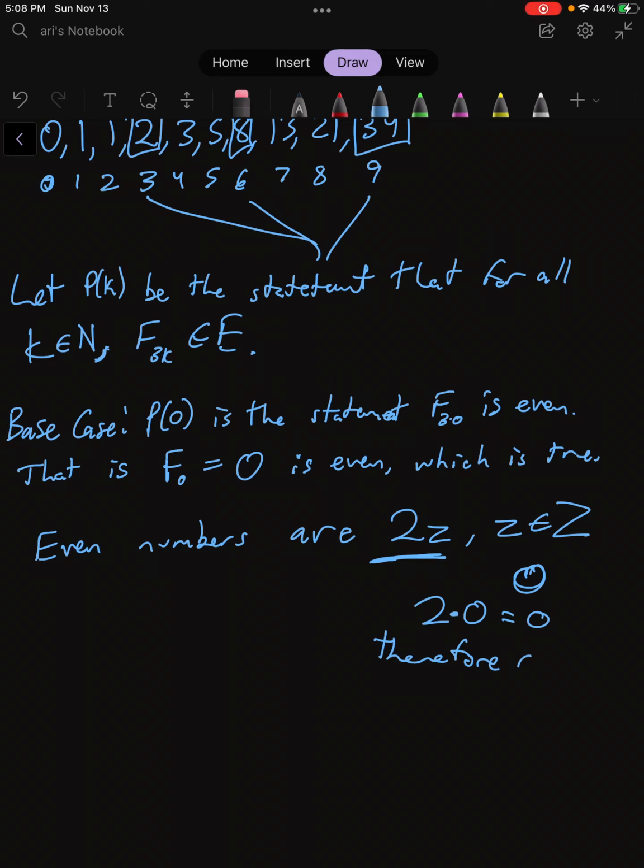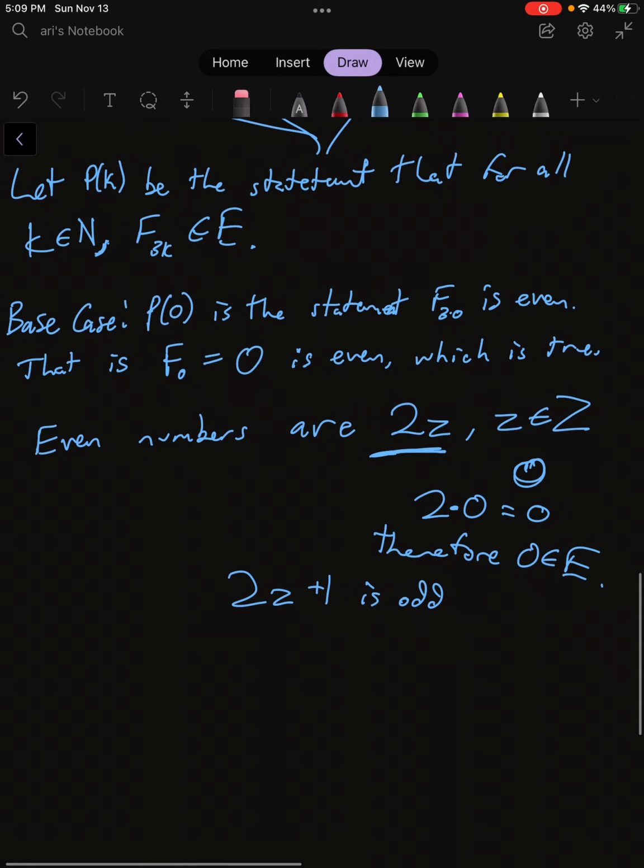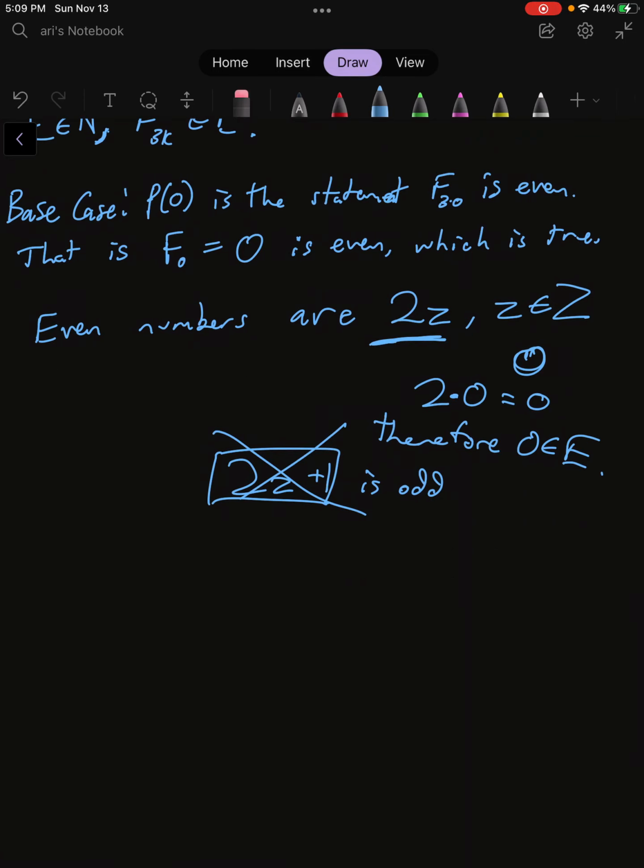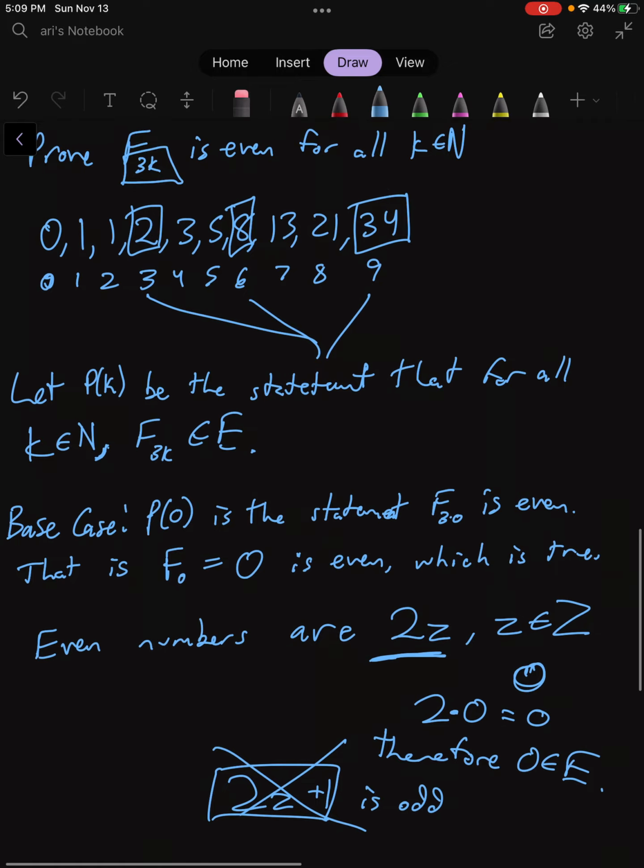Therefore, 0 is even. Cool. 2z plus 1 is odd. You can't write 0 as 2z plus 1. It's not possible. Okay, so our base case is p of 0 is the statement f of 3 times 0 is even. F of 0 is 0. That's given. Easy enough.